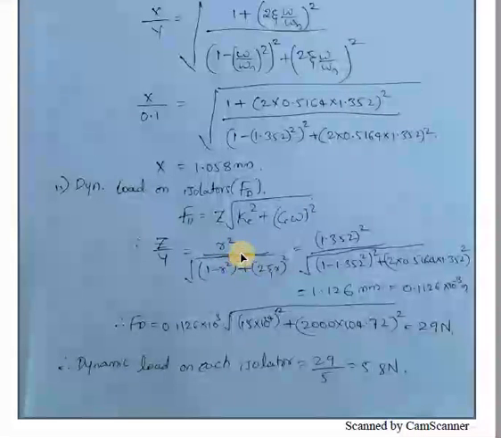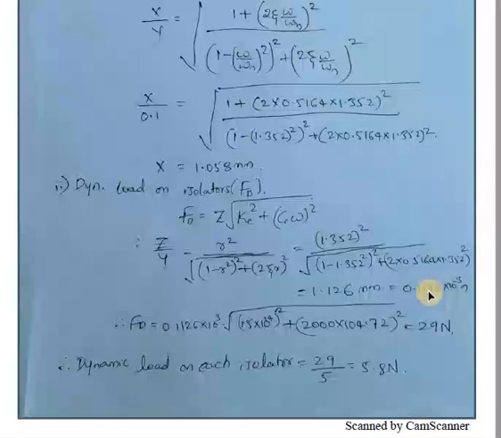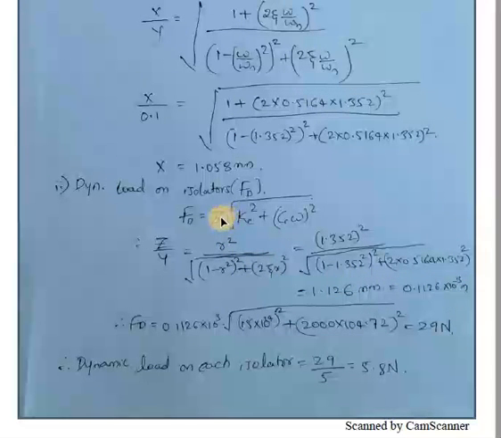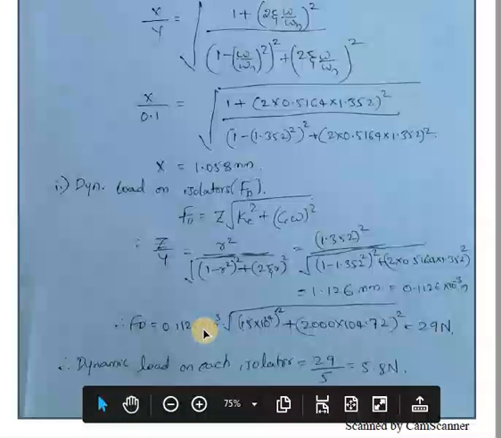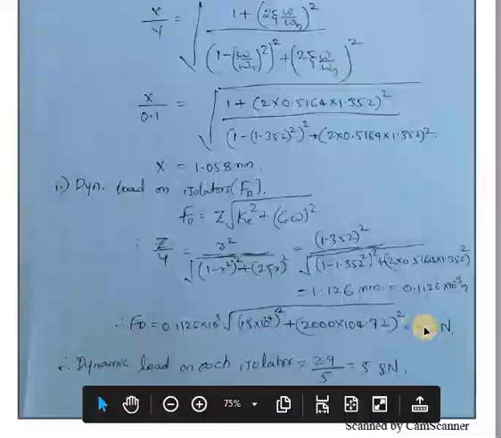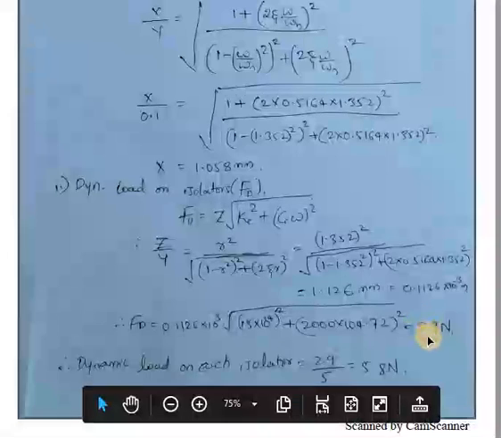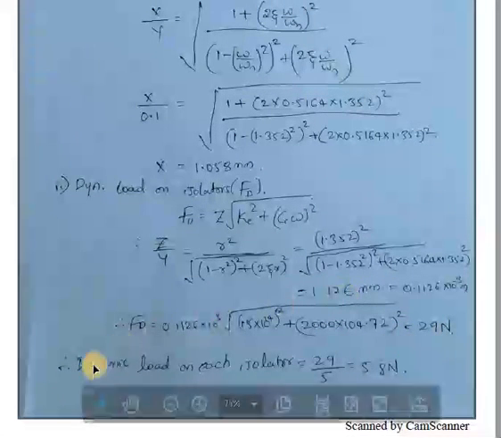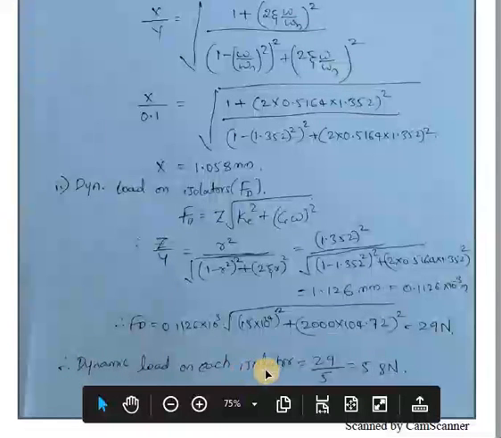Substituting these values, you will get the value of Z as 1.126 mm, or 0.1126 into 10 raised to minus 3 meter. Substituting this Z value, you will get the dynamic load as 29 Newton. This is the total dynamic load, but there are 5 isolators, so the dynamic load on each isolator is 29 by 5, that is 5.8 Newton.